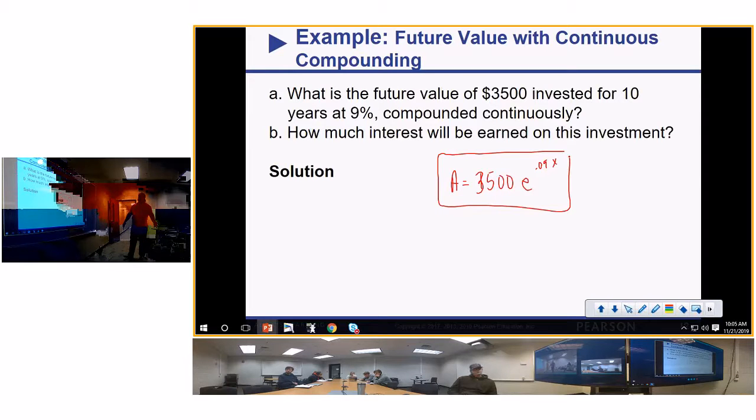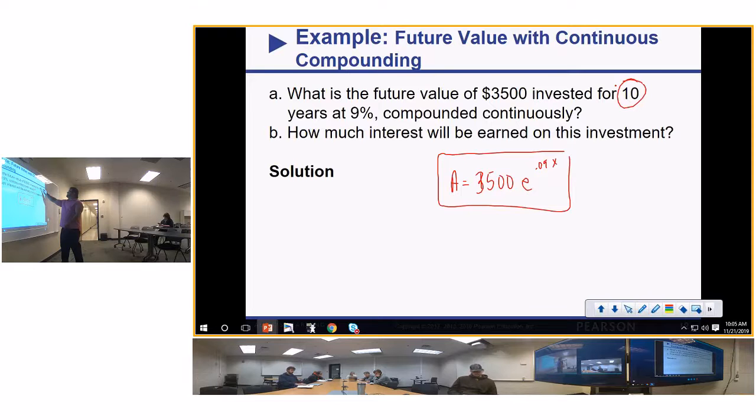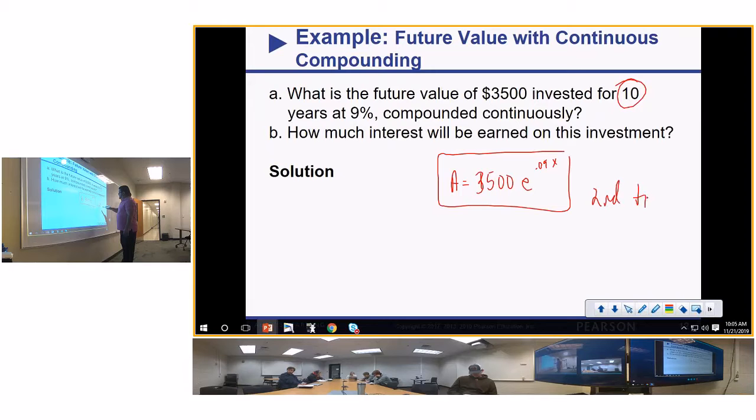There it is. And then find second table at 10. And somebody tell me what you get.